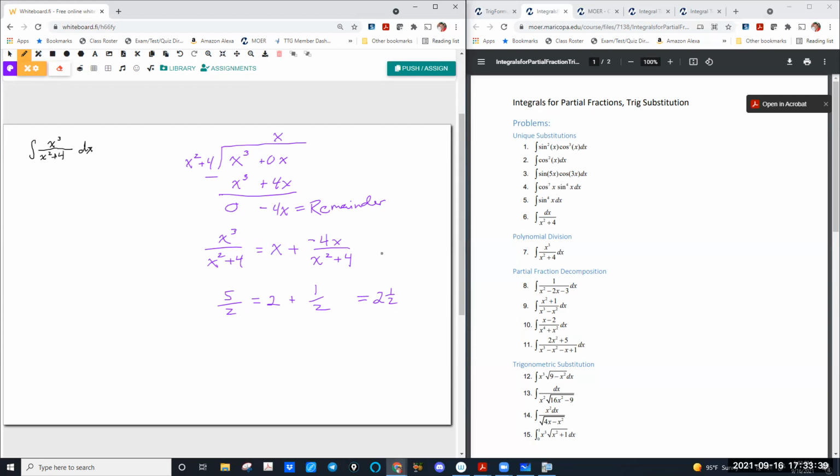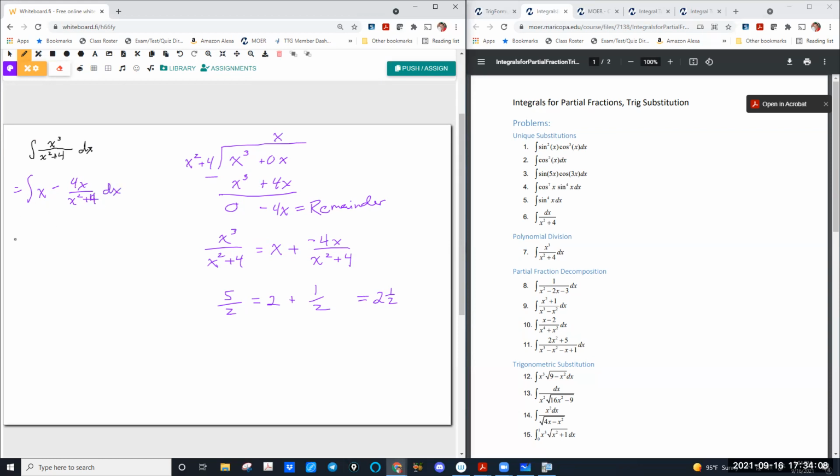It's really cool. So what this polynomial division does is now we go and we rewrite our integral as the integral of x, and if you want, we can pull the minus out and write it as 4x over x squared plus 4 dx.